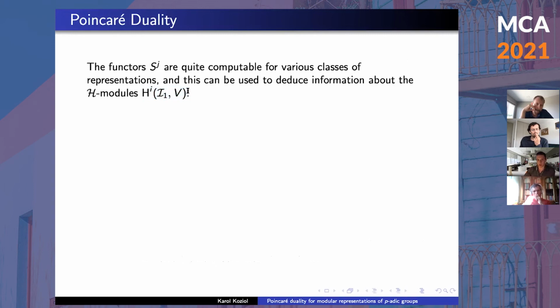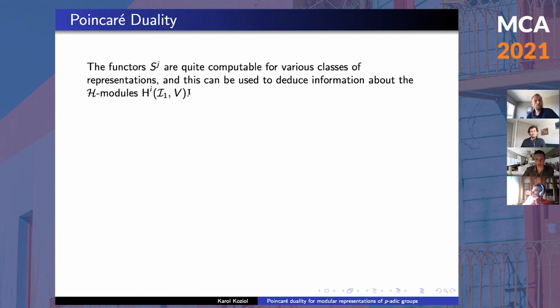Perhaps I didn't indicate this very clearly earlier, but what I'm really after is trying to understand Schneider's derived equivalence. This involves the entire derived category of smooth representations, and this is what we want to understand. Taking the cohomology would be the first thing one would consider.